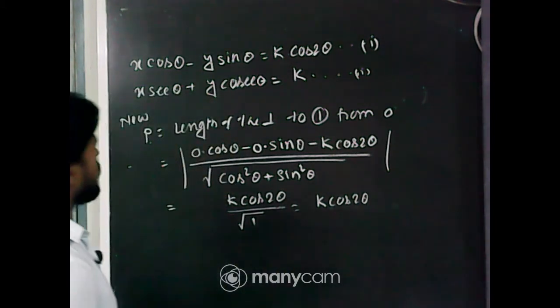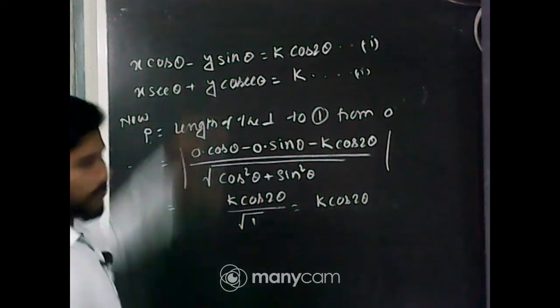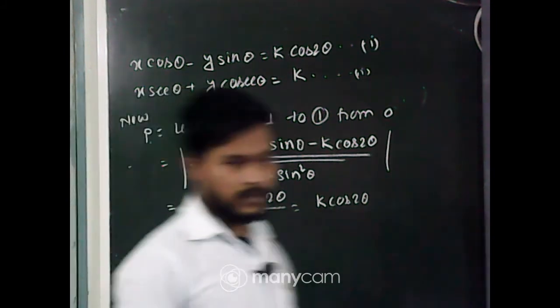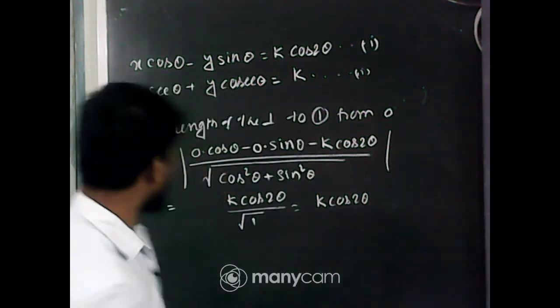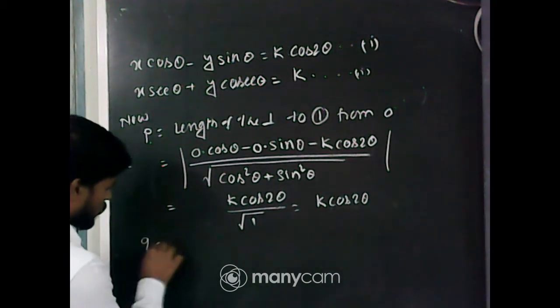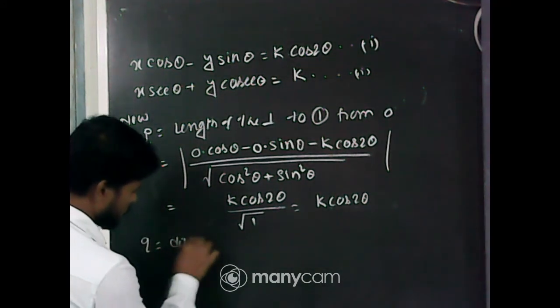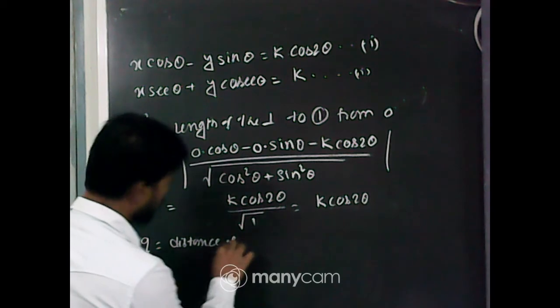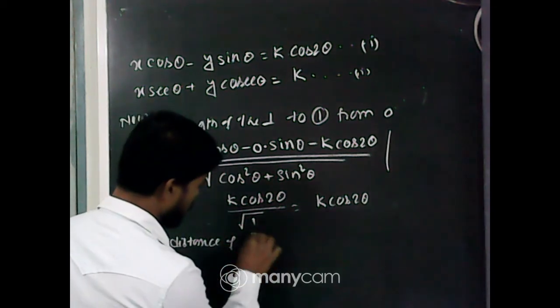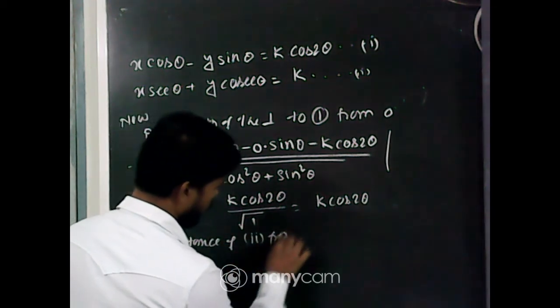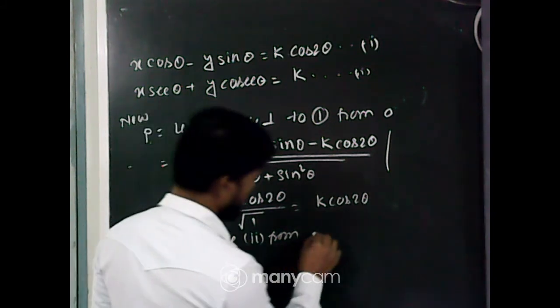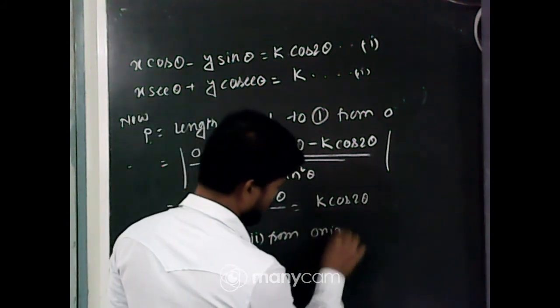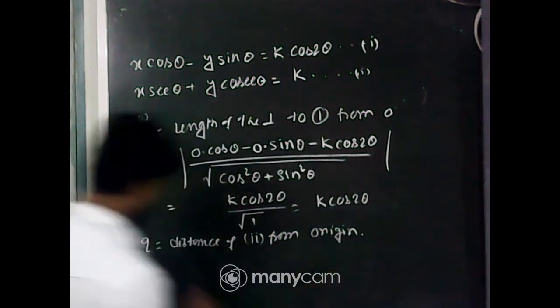Okay, so p is known. Now we have to find the distance of the second line from the origin. Now q equals the distance of equation number 2 from the origin, and apply the formula.